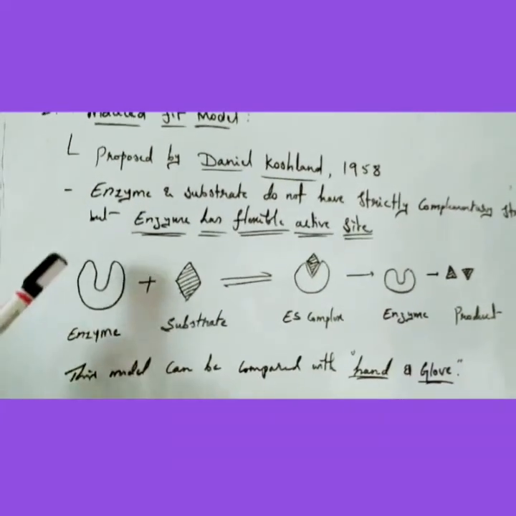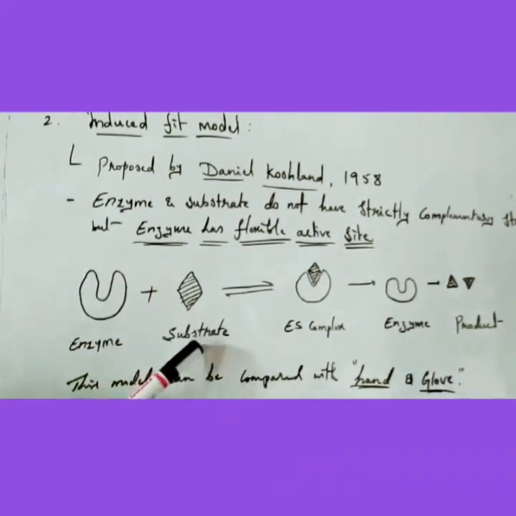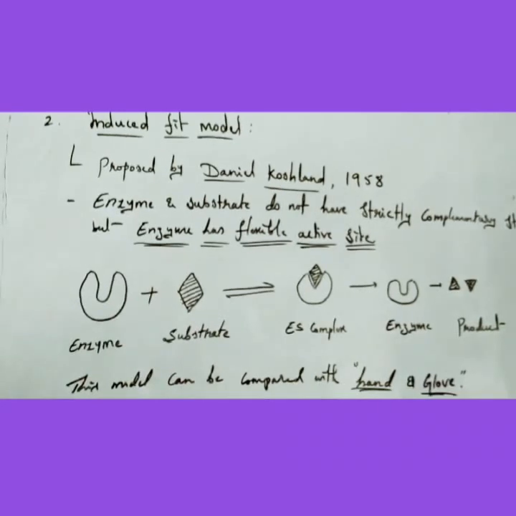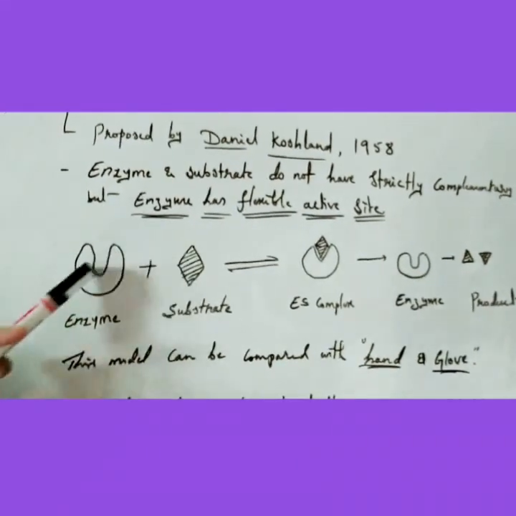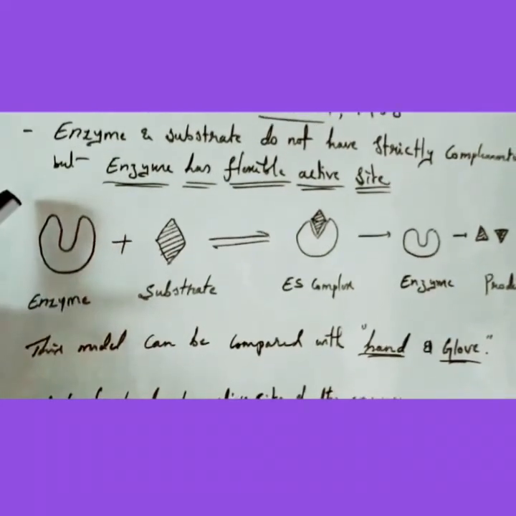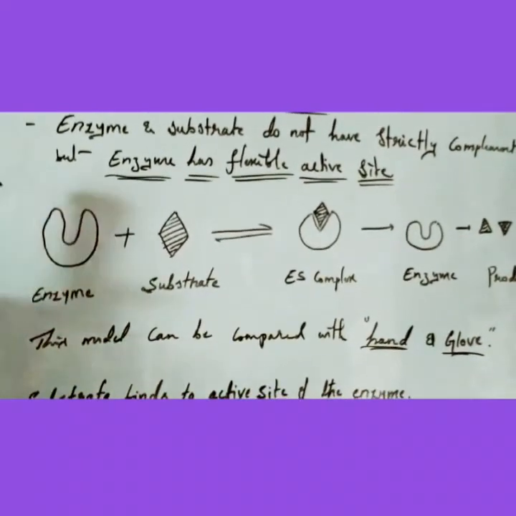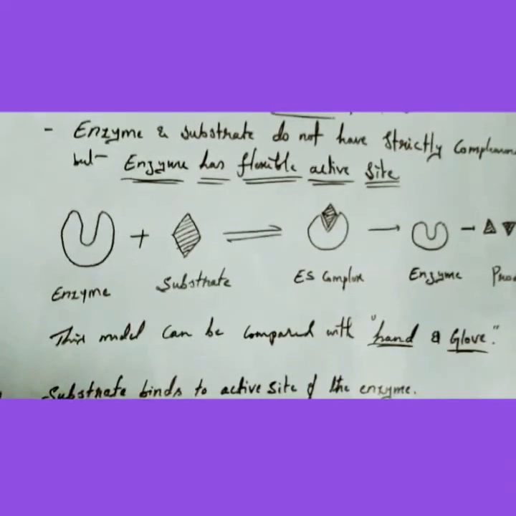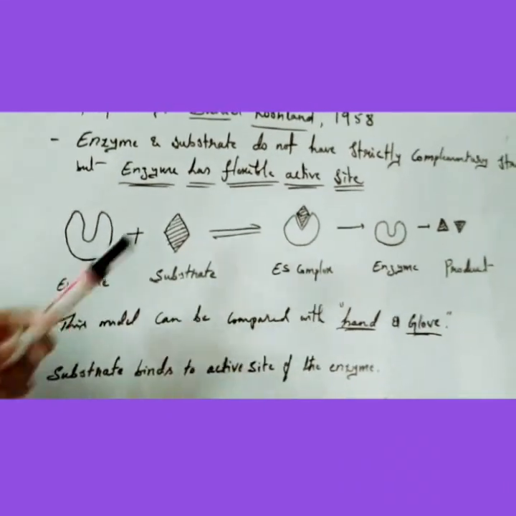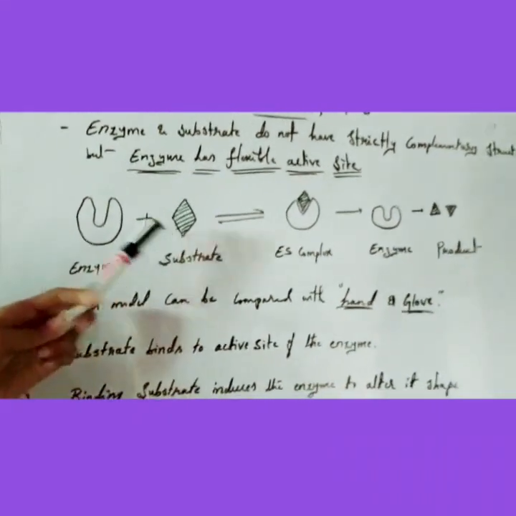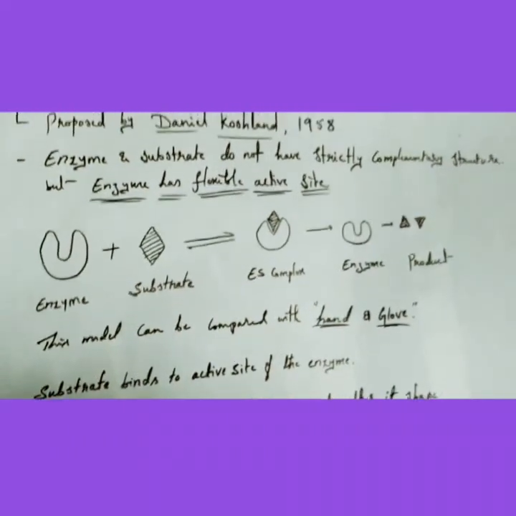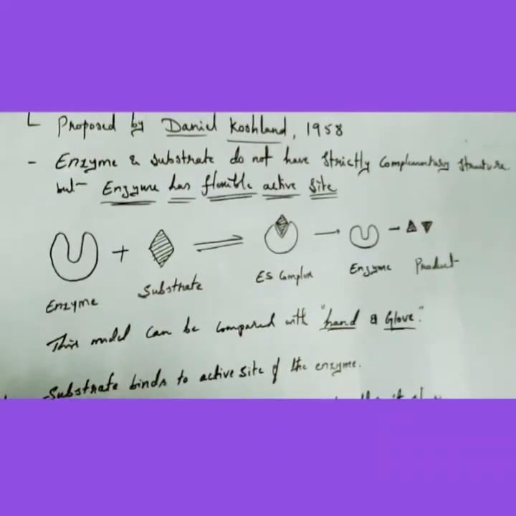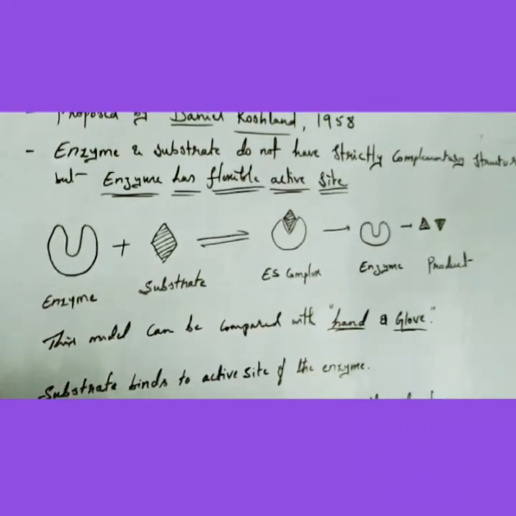Look at this figure. Here this is the enzyme and this one is the substrate. The active site is a flexible structure that molds itself into the precise shape of the substrate, which enables the enzyme to perform its catalytic function most effectively.